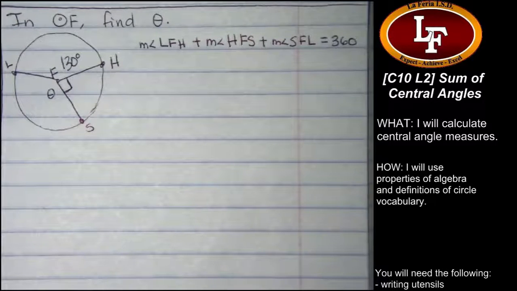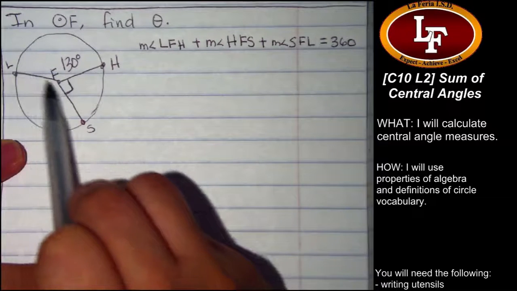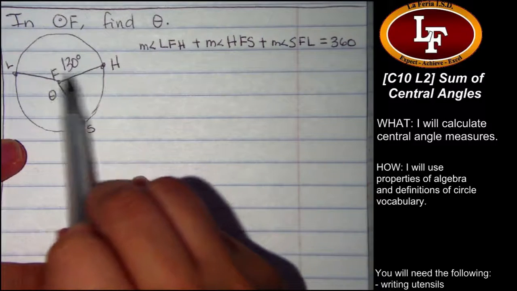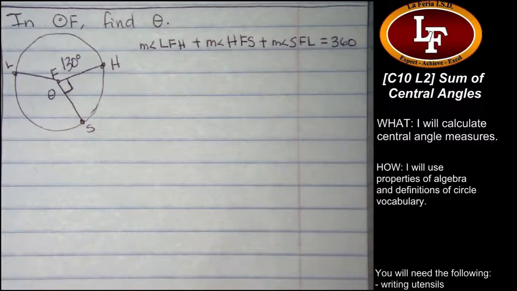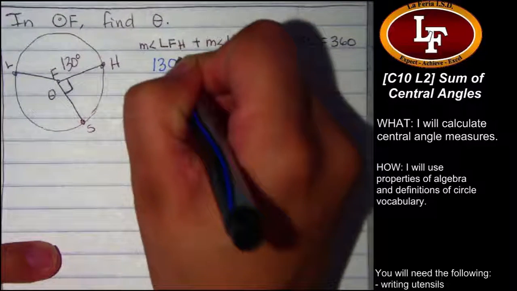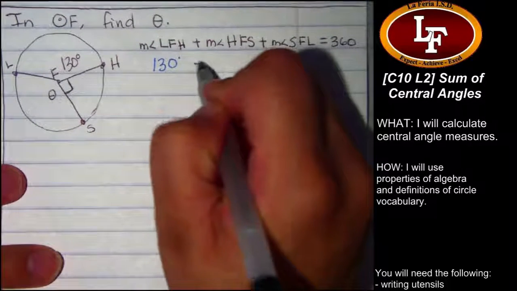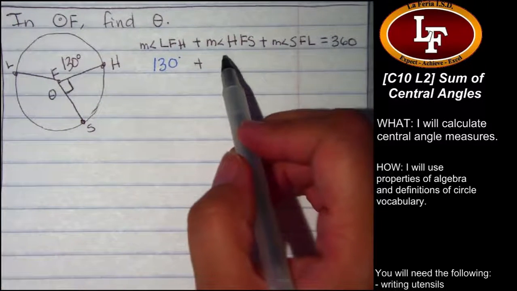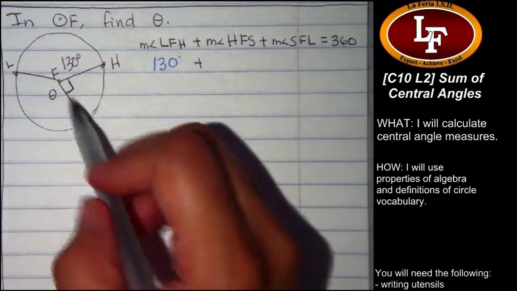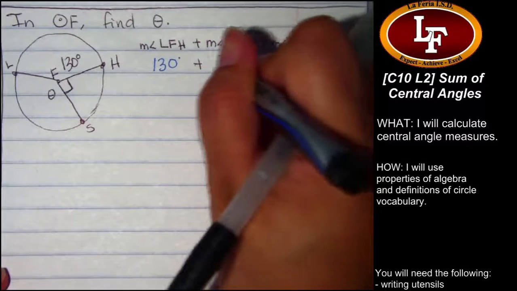I'm going to go ahead and substitute what I know. The measure of angle LFH right here is labeled as having a measure of 130 degrees. So I can replace the measure of angle LFH with the number 130. Likewise, I can replace the measure of angle HFS, this angle right here, with 90 because it's marked as 90 degrees.